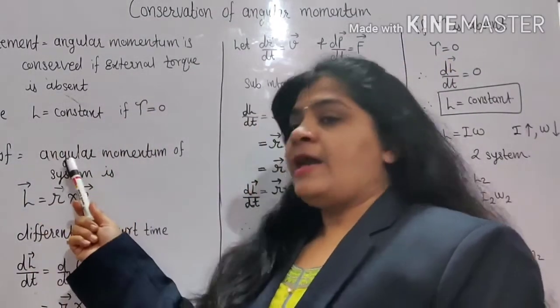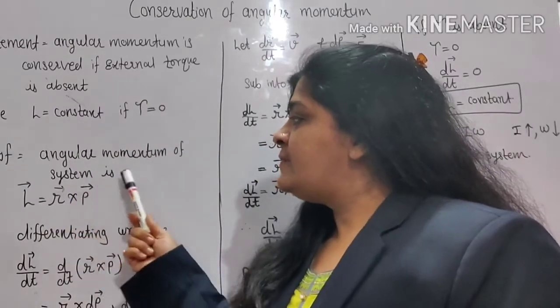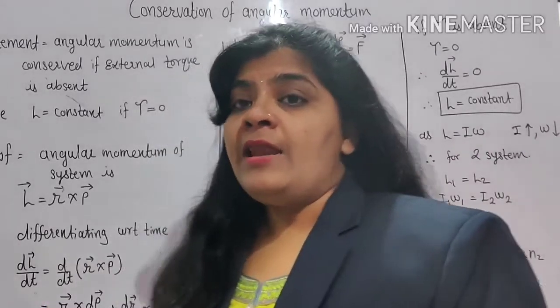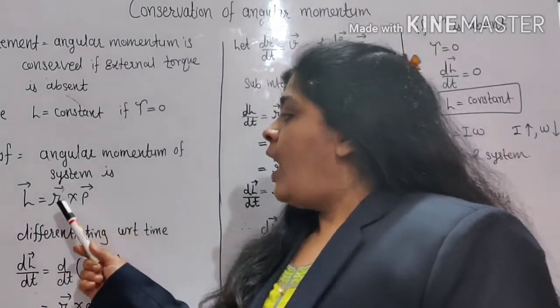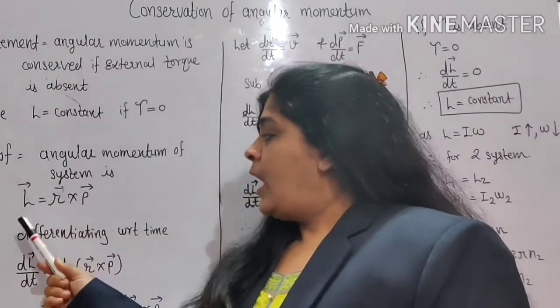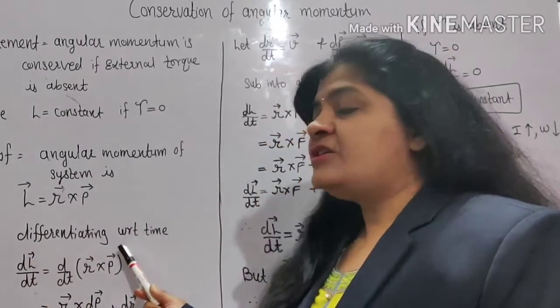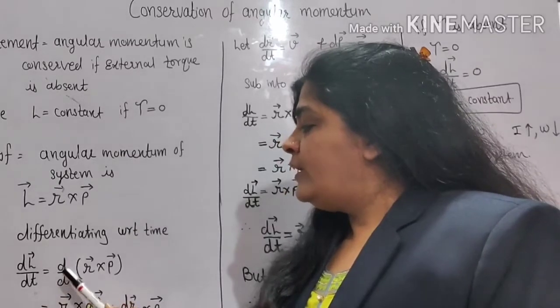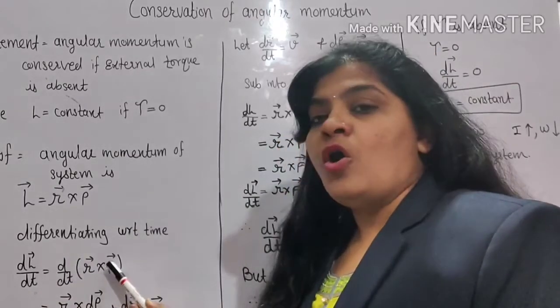The basic formula for the angular momentum of the system is vector L equal to r cross p. Differentiating with respect to time, dL by dt is equal to d by dt of r cross p.